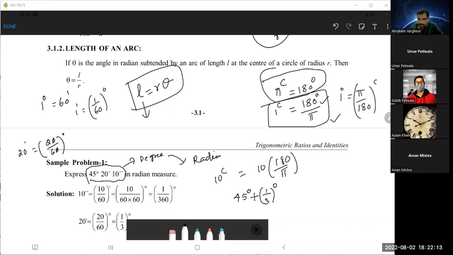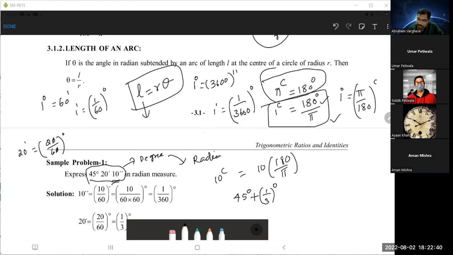Again, you have 10 second. And you know that 1 degree will be equal to how much? 60 into 60 minute, so 3600 second. So what about 1 second? 1 second will be equal to 1 divided by 3600 degree.